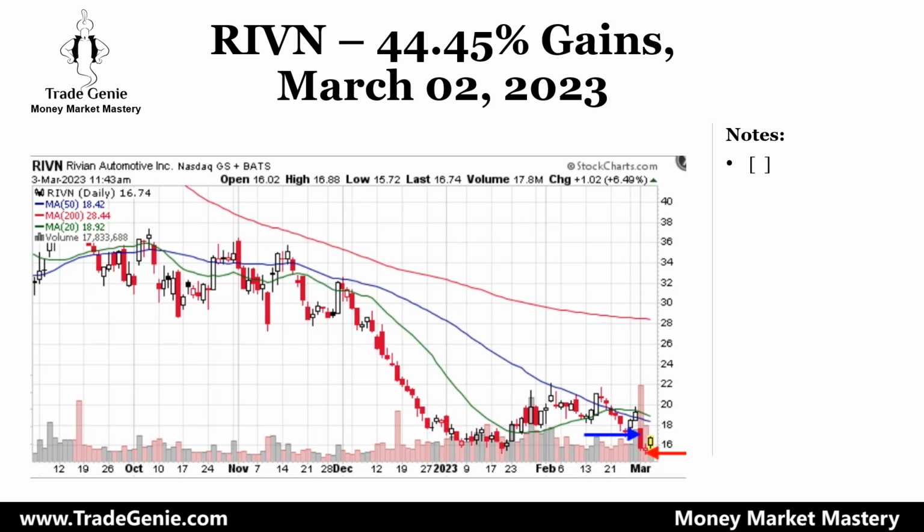So for a small price stock, a $1.50 distance is a big distance. The $1.50 distance is a big distance for RIVN. For a $100 stock, $1.50 is not much, but for a $17 stock, $1.50 is a big distance. So at 14.45, I turned around and went long again on RIVN, and I added to my long position.